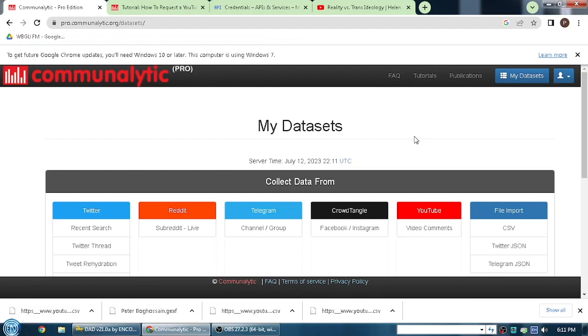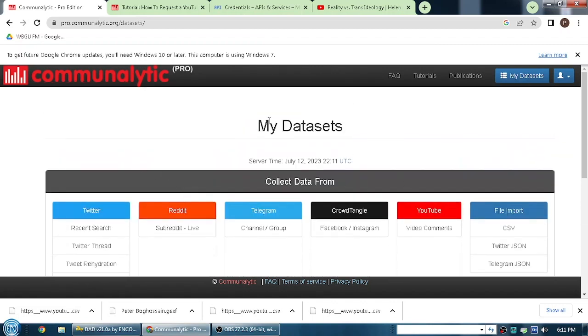That's Communalytic, tooling around with analyzing YouTube comments from particular videos from a specific person, trying to make sense out of the toxicity analysis and the sentiment analysis and all that, different ways that it could be useful to you.